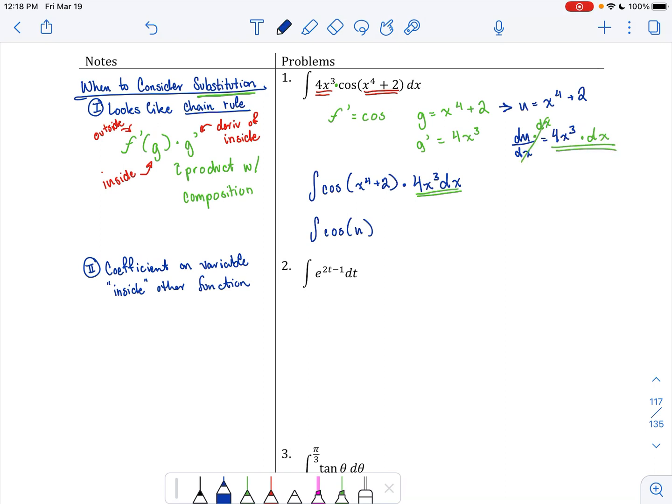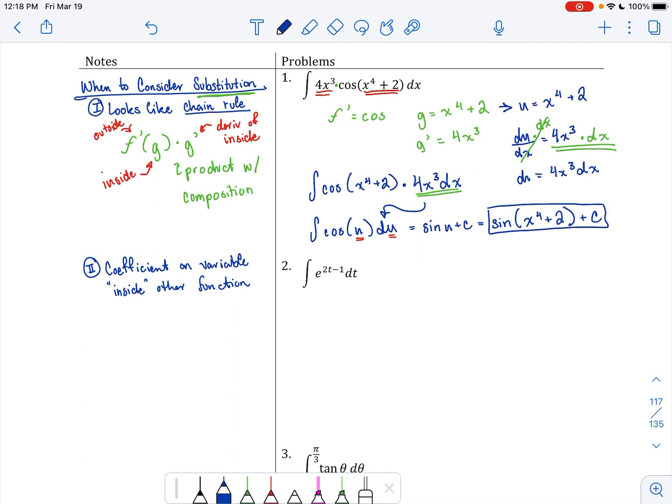So then I see that du is equal to 4x cubed dx. So I could substitute that right down here. And now, because these have matching variables, we can integrate. So cosine of u, the integral of cosine is sine of u plus c. And then we plug u back in, and we end up with sine of x to the 4th plus 2 plus c. And that's our integral.